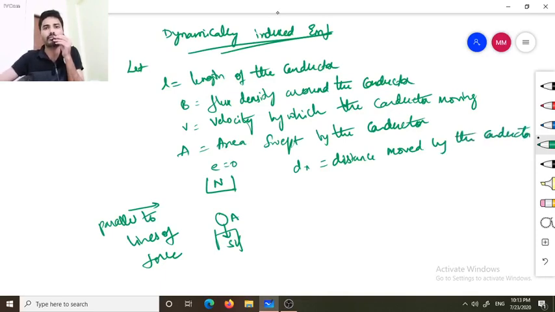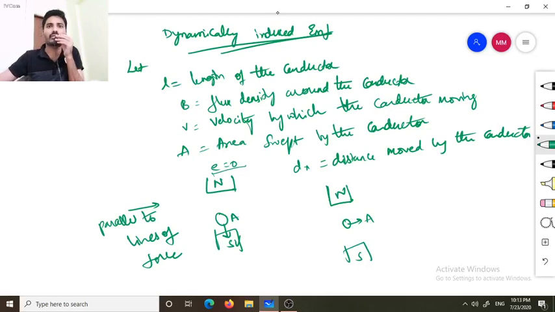Now we will see the second case. In the first case, the conductor is moving parallel to the lines of force, then the EMF value is 0 because there is no rate of change of flux linkage.